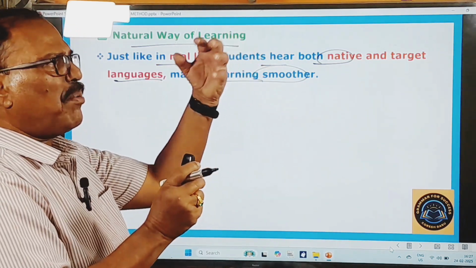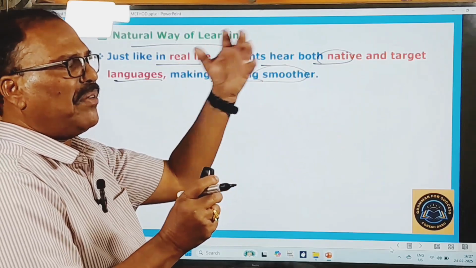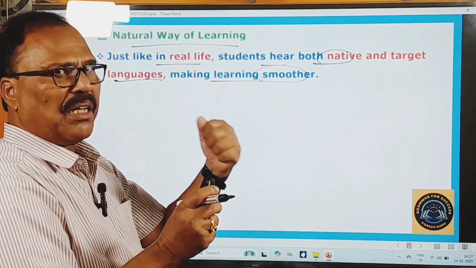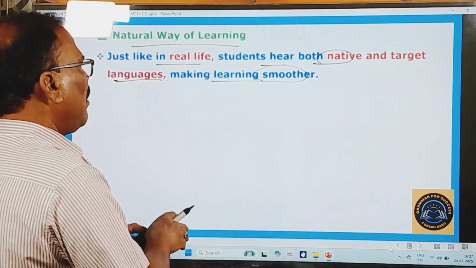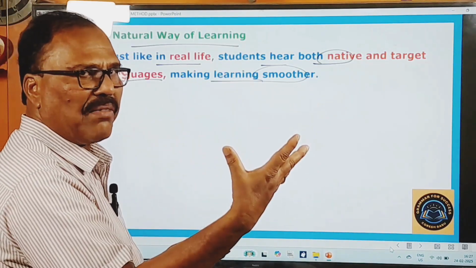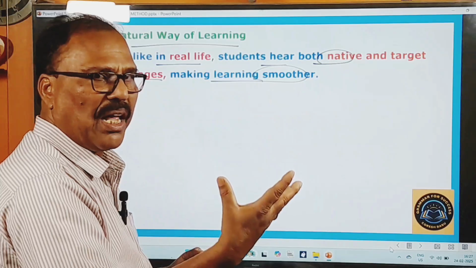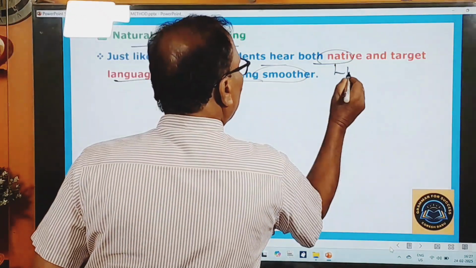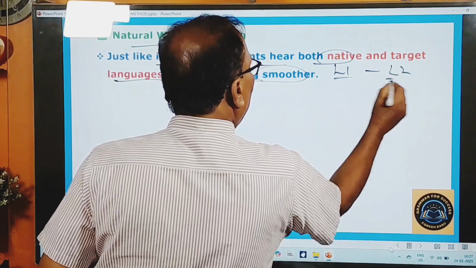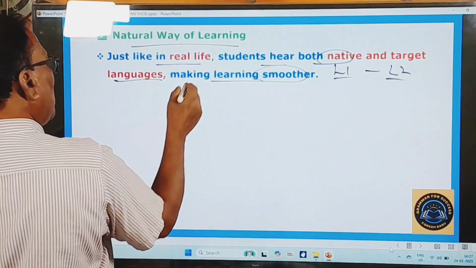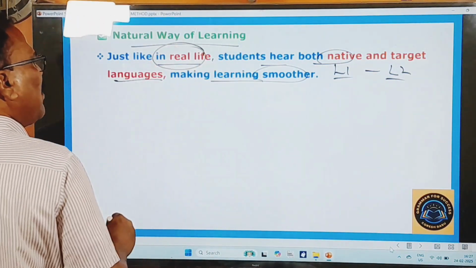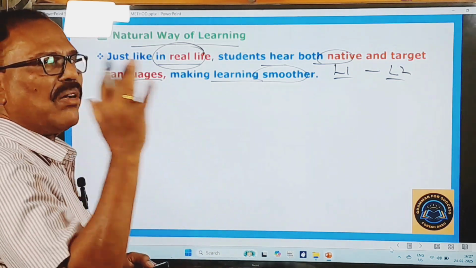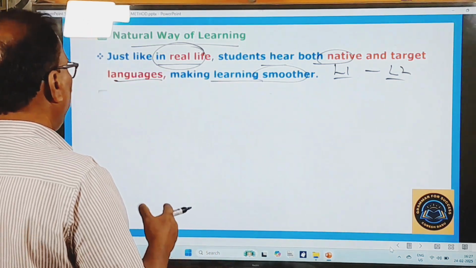For understanding some important things, for understanding some difficult things and difficult concepts, they make use of Telugu, their mother tongue, their native language. And for learning English, the target language, they make use of the target language. So in that way, they make use of L1 and they make use of L2 at the same time in this classroom. So it is really very beautiful, very easy for them to learn new things and all that. They can pick up the target language very easily, right?